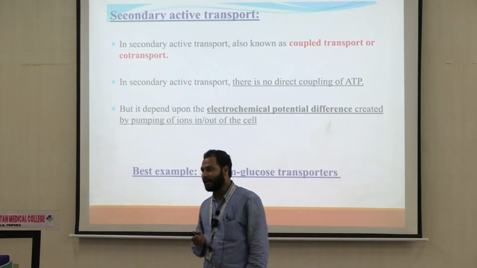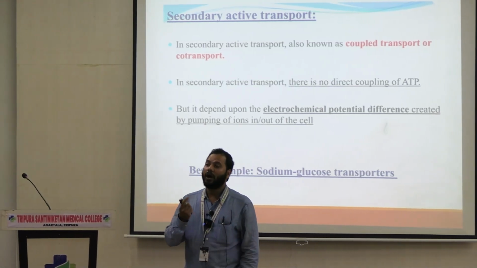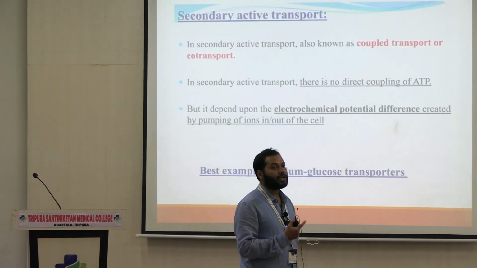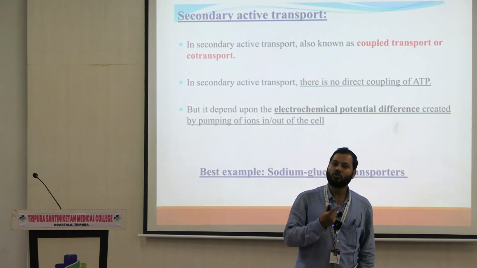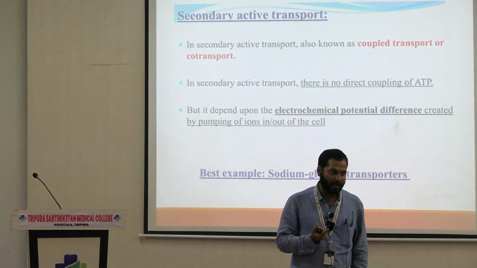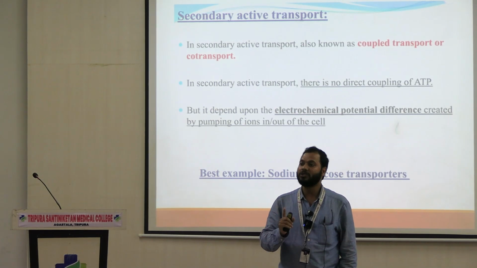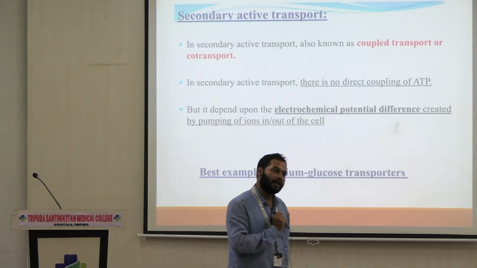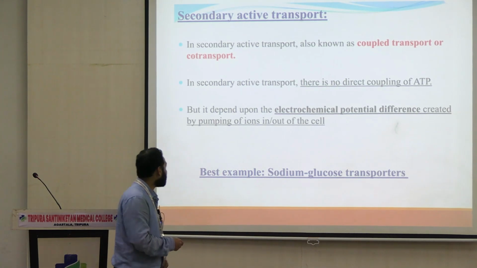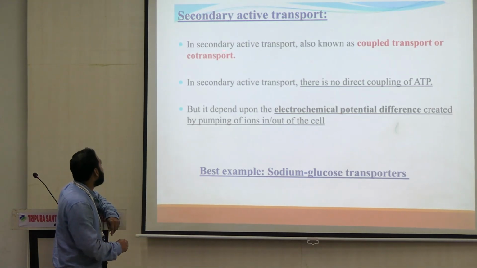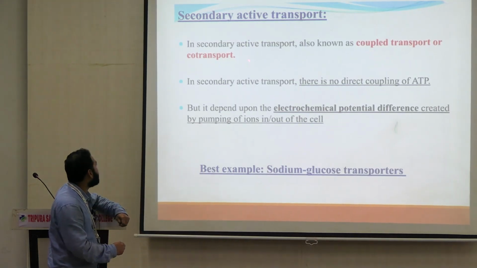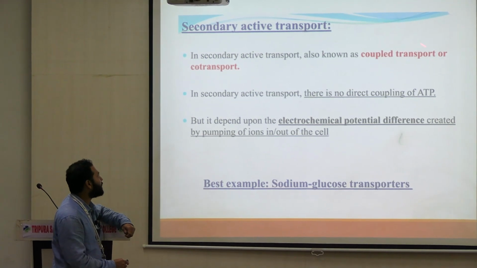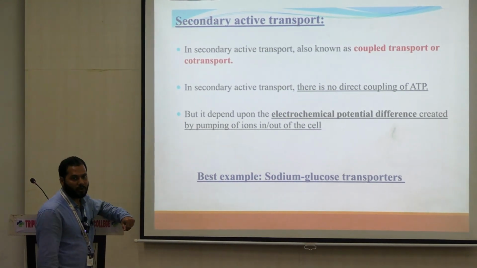So what is the indirect process? It uses energy based on the concentration gradient formed by the sodium-potassium exchange mechanism, right? And that concentration gradient actually acts as a source of energy for the secondary active transport process. You can see here the most important property of this transport process: it is also known as coupled transport or co-transport.